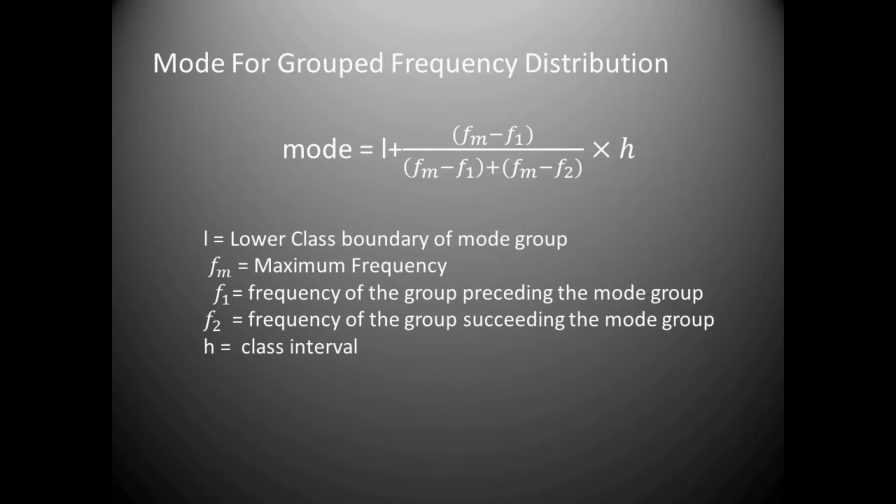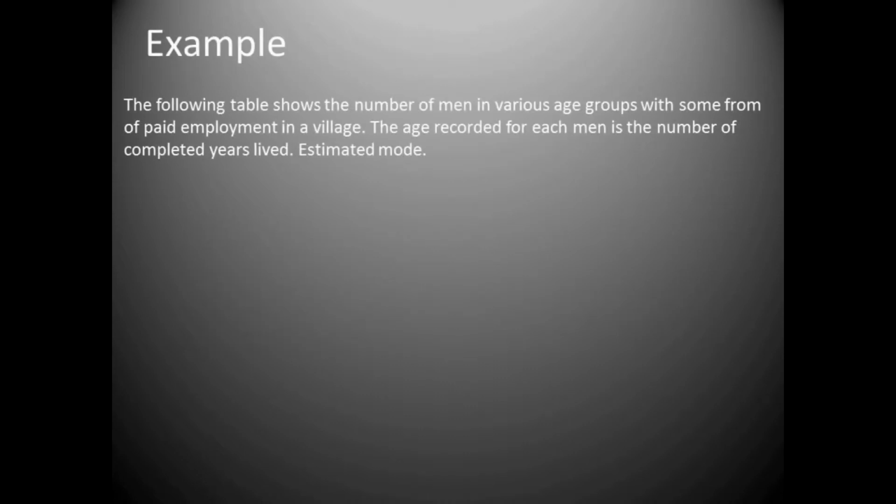Considering an example to clarify the concept. The following table shows the number of men in various age groups with some paid employment in a village. The age recorded for each man is the number of completed years lived. Estimate the mode.